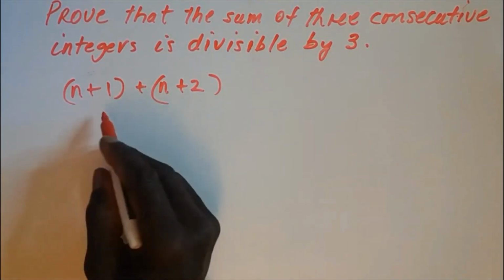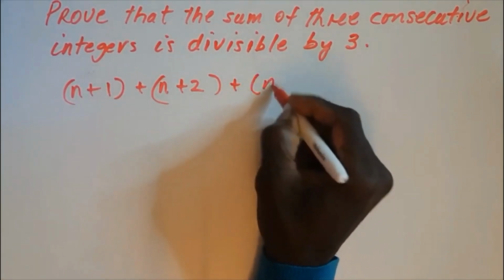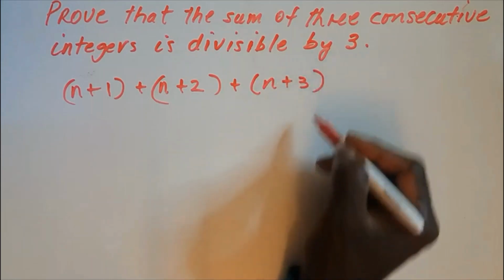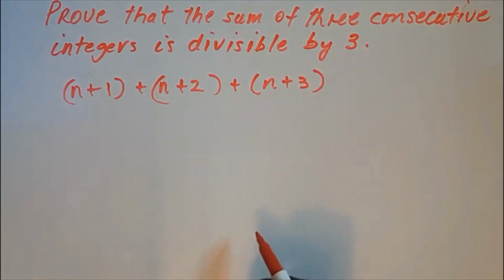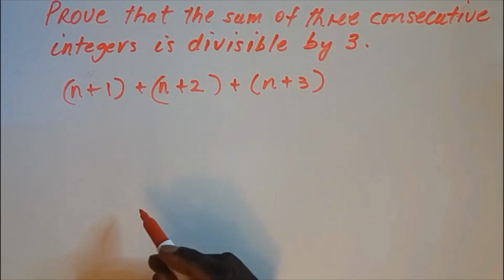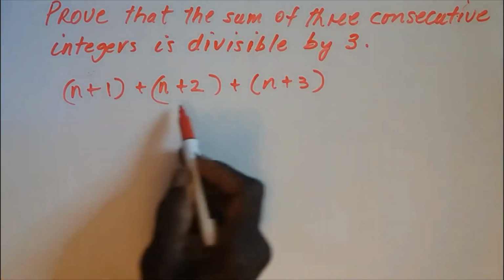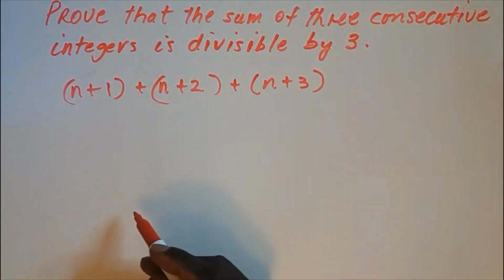So we'll have 2, 3, and n add 3. So these are 3 consecutive numbers. These represent all consecutive numbers. If we substitute n in any one of these expressions, we'll get an integer, and there will be consecutive integers.